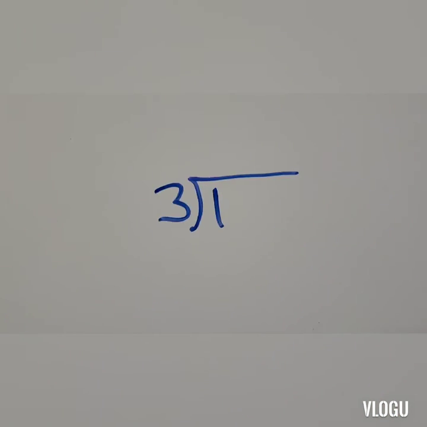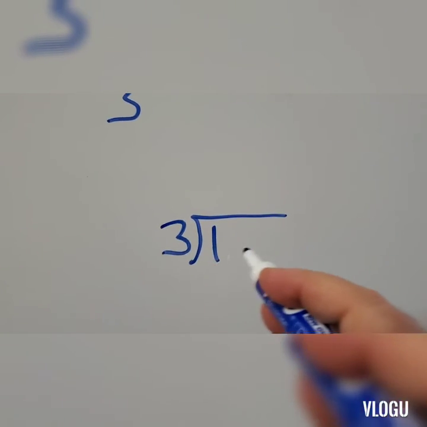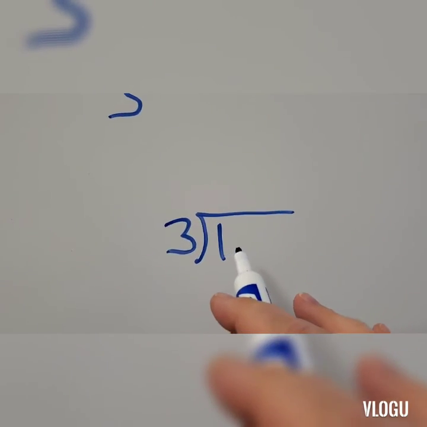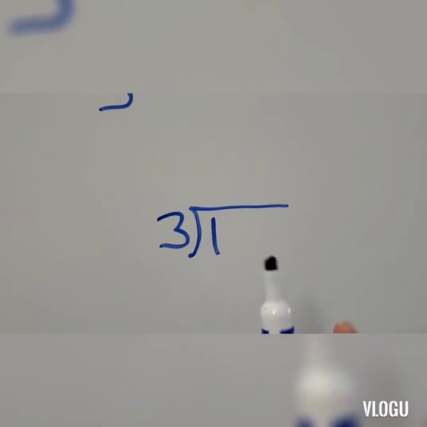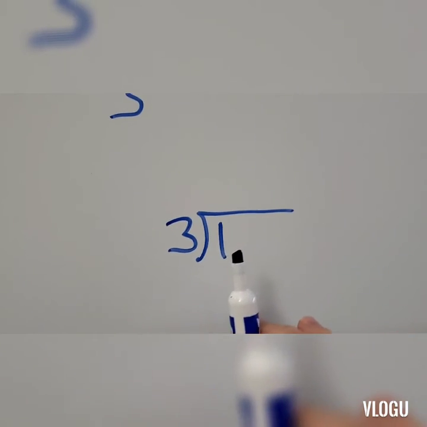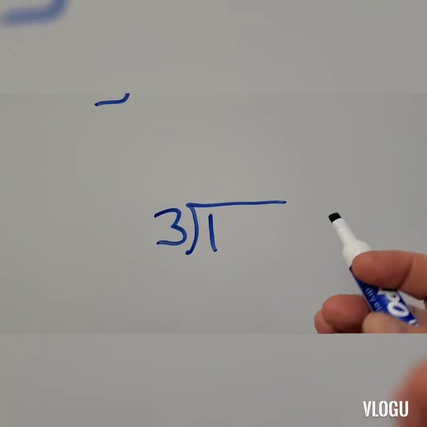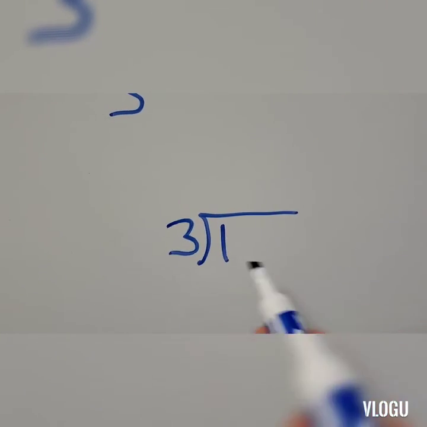I can't do this division problem normally because 3 doesn't go into 1. So I need to extend this. I need to make this a larger number to work with, so that I can actually divide 3 into something.